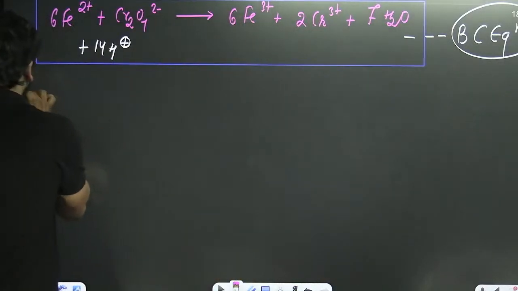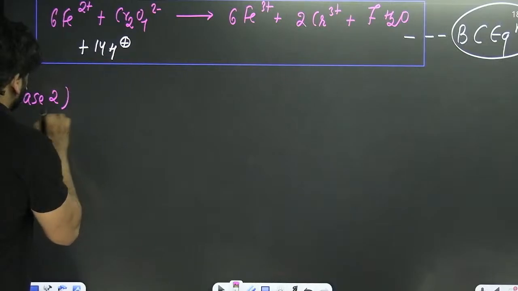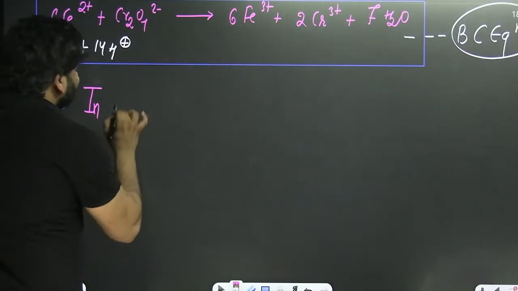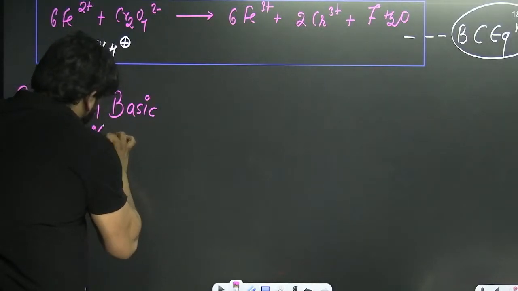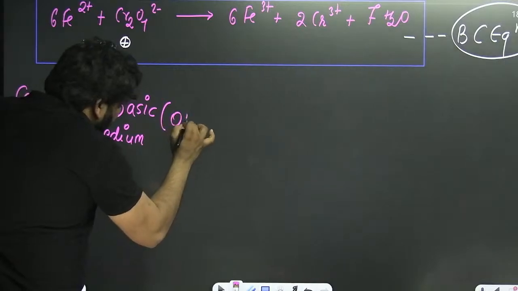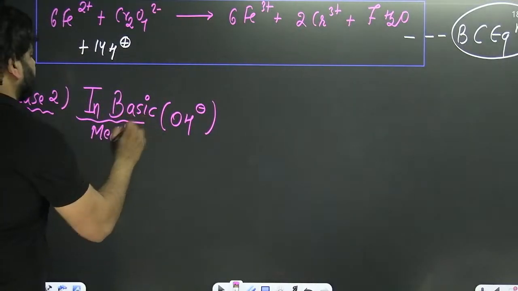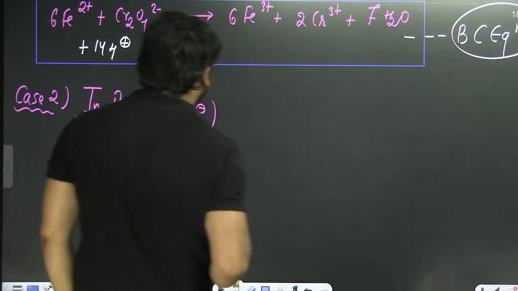We also have to come to case number 2. Case 2 says balancing of hydrogen in basic medium, where OH negative ions are given. So what will you do? This is a beautiful part.